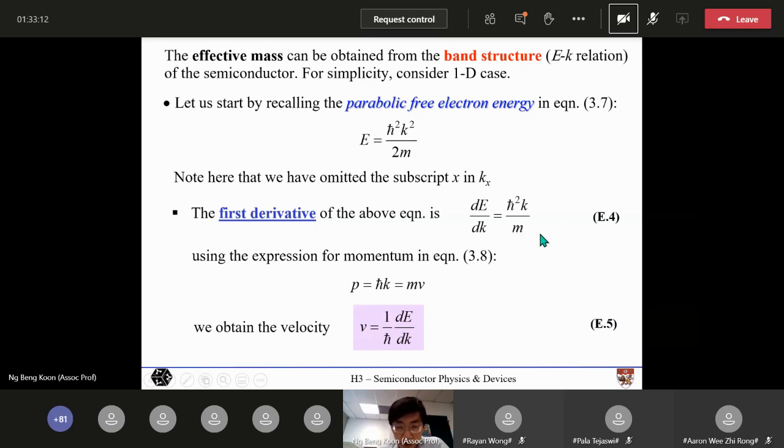In fact, this first derivative is related to momentum, where momentum is ħk. Putting this into the equation, we find a relation for the velocity, which is 1 over ħ times the derivative of the energy with respect to k. So the first derivative of the E-k diagram gives you the velocity component.